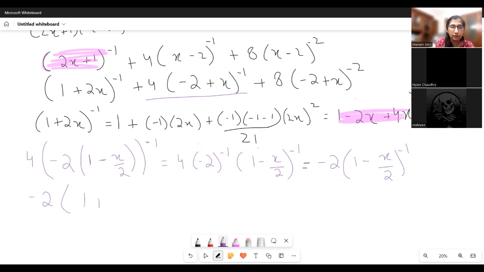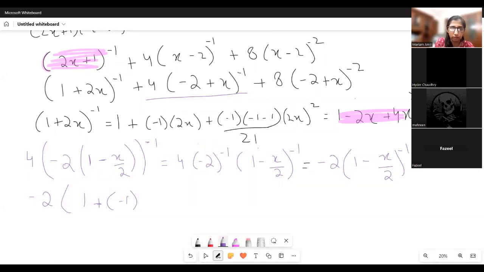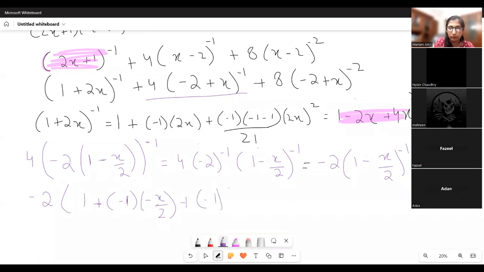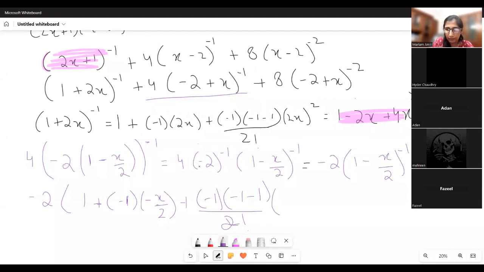1 plus nx plus n times n minus 1 upon 2 factorial times x square.